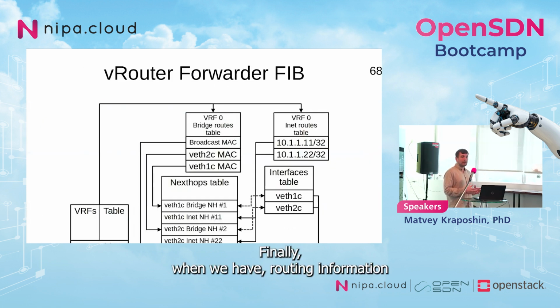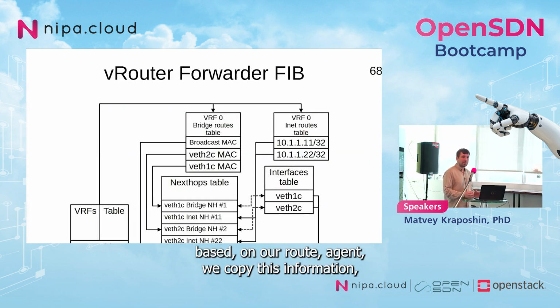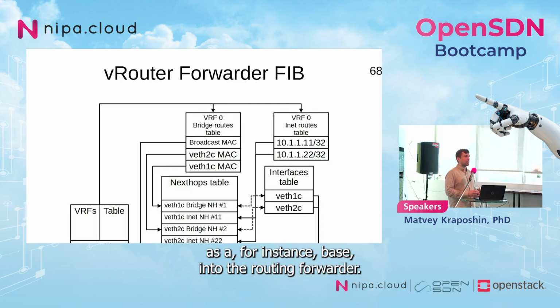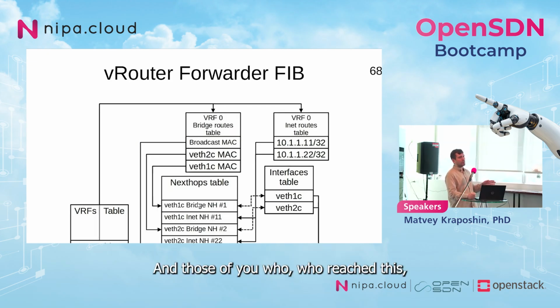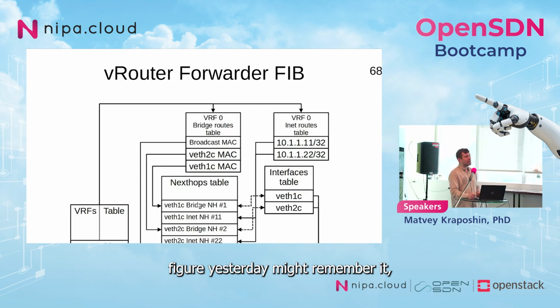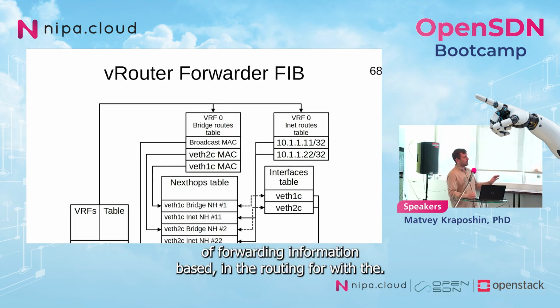Finally, when we have routing information in our vRouter agent, we copy this information as a forwarding base into the vRouter forwarder. Those of you who reached this figure yesterday might remember it because it depicts the main parts of the forwarding information base in the vRouter forwarder.